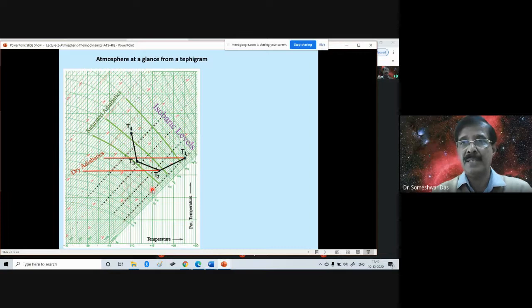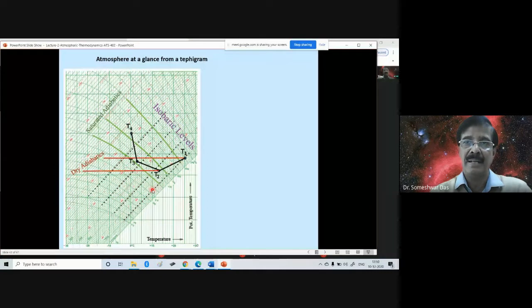The atmosphere is not saturated everywhere, maybe only in some thin layers, so the dry bulb temperature is always greater than the dew point temperature. I'm using the two temperatures synonymously because they are almost the same, whether you call it dew point temperature or the wet bulb temperature.